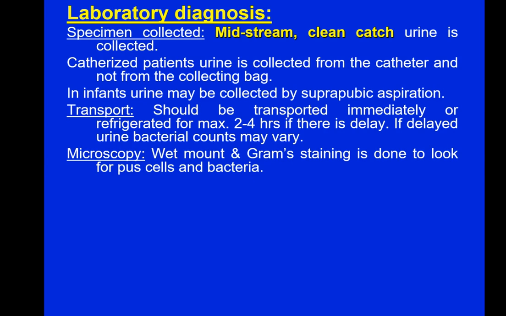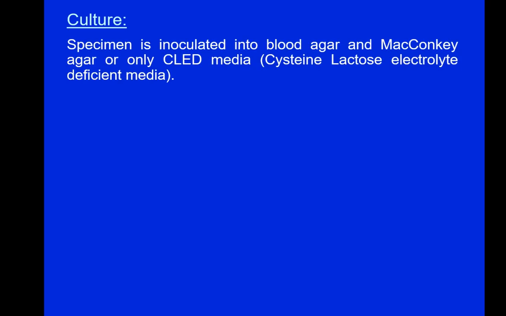Once we receive the urine sample in the lab, we do a wet mount or Gram stain and look for pus and bacteria. Sometimes we may miss it in microscopy, so we have to do culture, whether it is asked for or not, because sometimes even a very low count is significant. I'll discuss that in later slides.